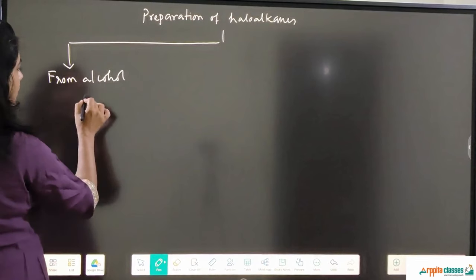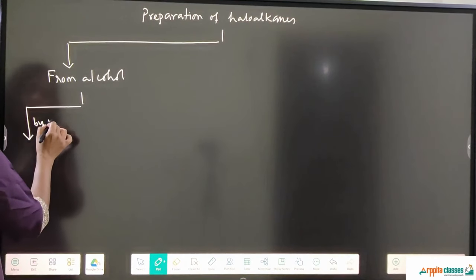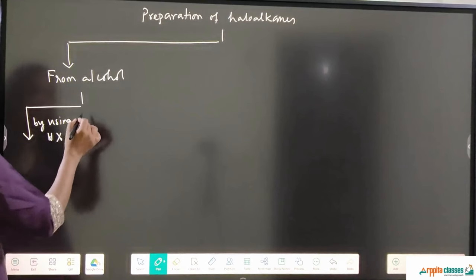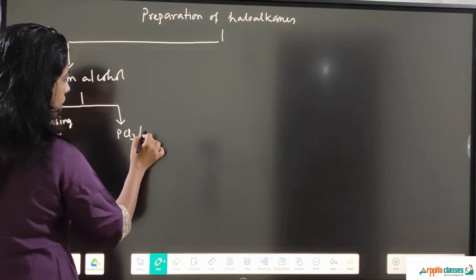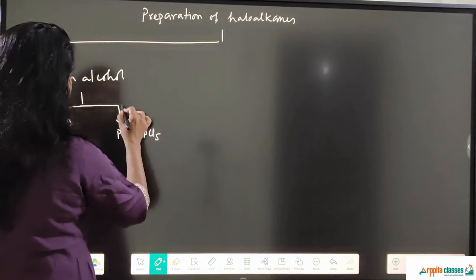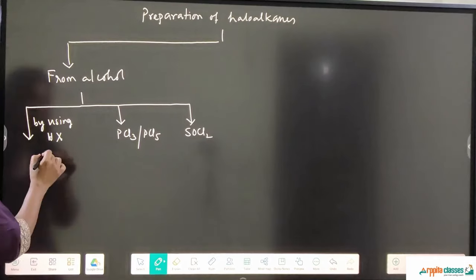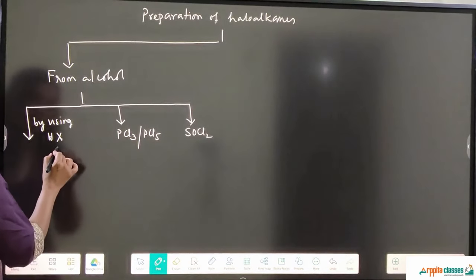From alcohol we had three preparations. The first one is by using HX, the second one is PCl3 or PCl5, and the third one is SOCl2. By using HX here we had three methods.